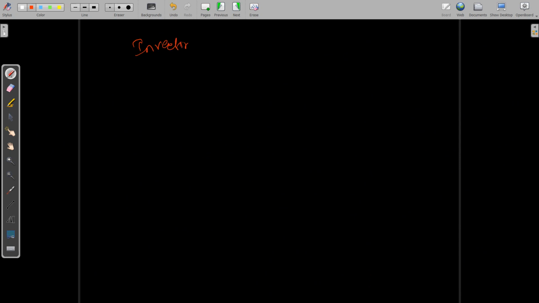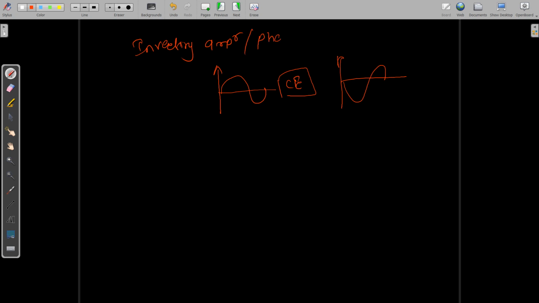That means when you apply a signal of this phase and you get the output 180 degrees out of phase, then it is called an inverting amplifier. This is also called phase reversal. So what is the phase reversal concept?